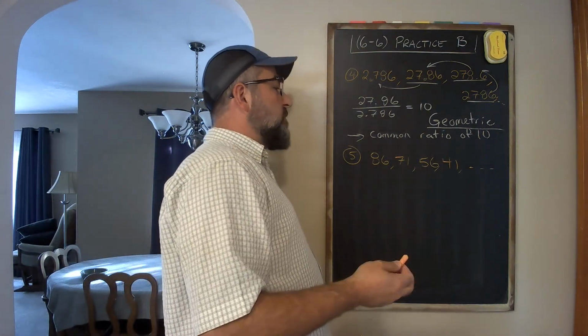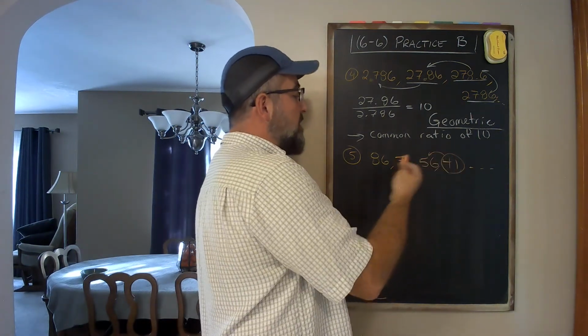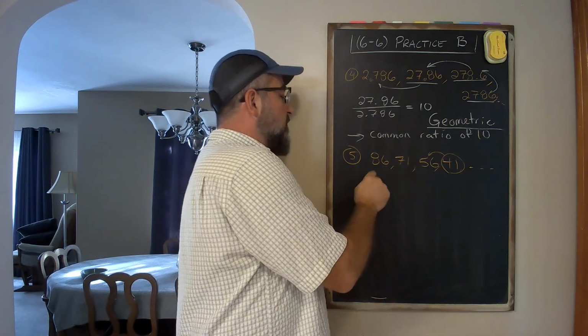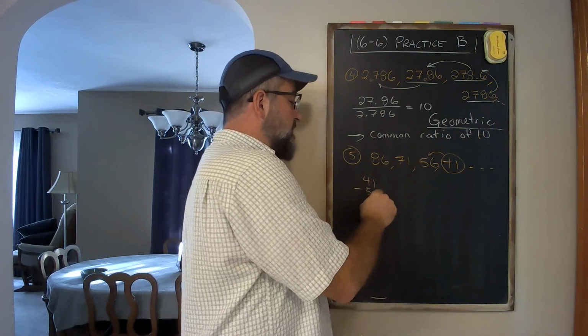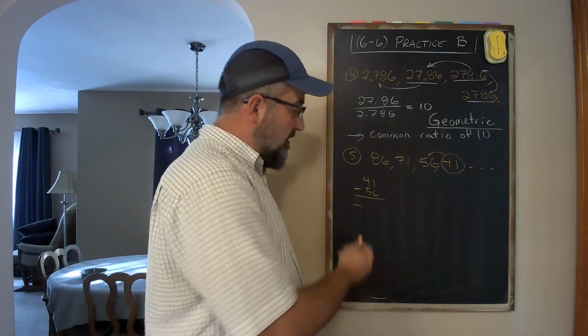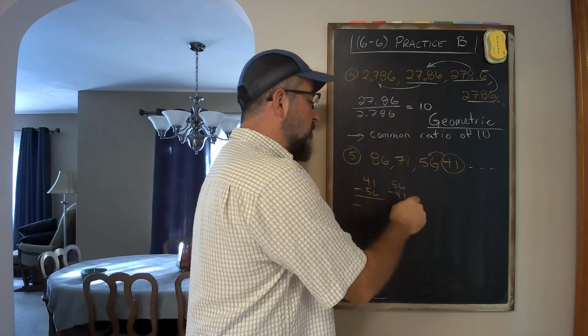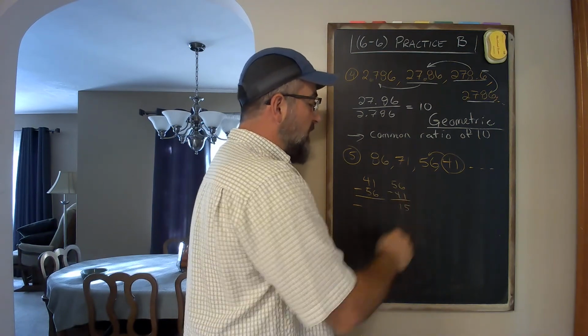So I have to take any term and subtract its previous term, and then double check it with some other ones. So if I do 41 minus 56, we know the answer is going to be negative, but to get the value, we switch it to 56 minus 41, which is going to be 15.